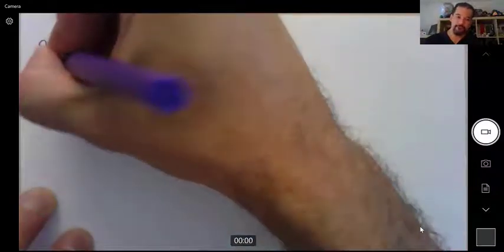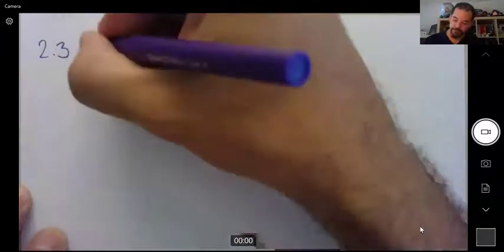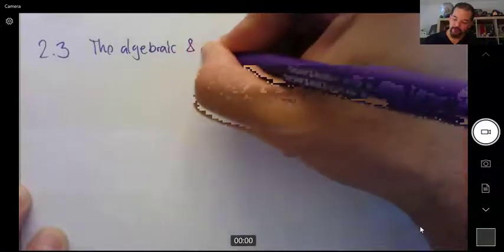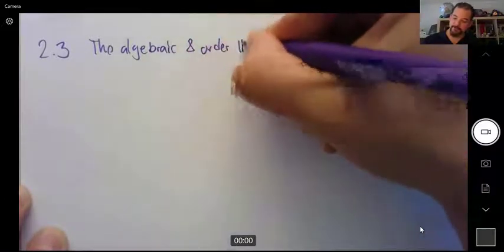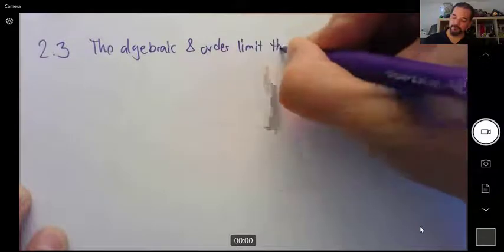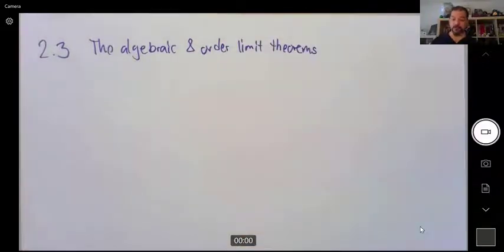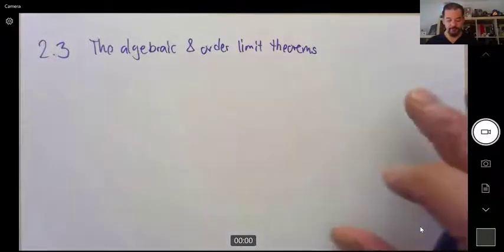This is now section 2.3, and it's called the algebraic and order limit theorems. And we're going to use this a lot. They'll even apply to later sections, so we'll often come back to these theorems.